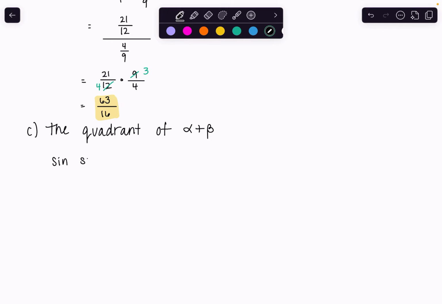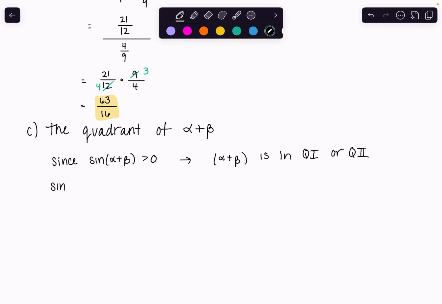So since sine of alpha plus beta is greater than 0, this immediately tells us this angle has to be in quadrant 1 or quadrant 2. Okay, my only possibilities.